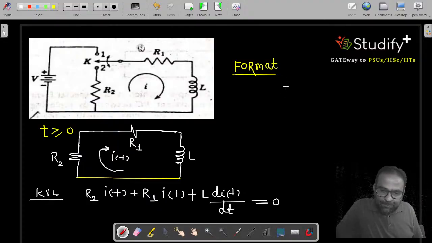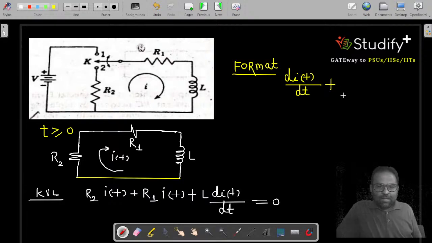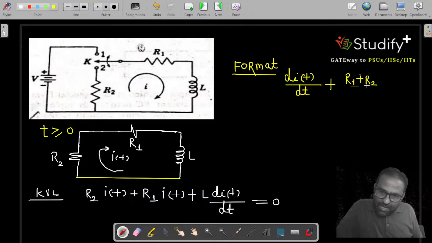Can I say this value will be dIT by dt plus (R1 plus R2) by L times IT equal to 0. I am taking L common because in the standard equation we want the coefficient of di by dt equal to 1.